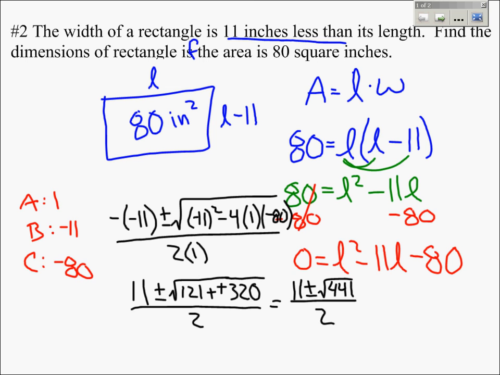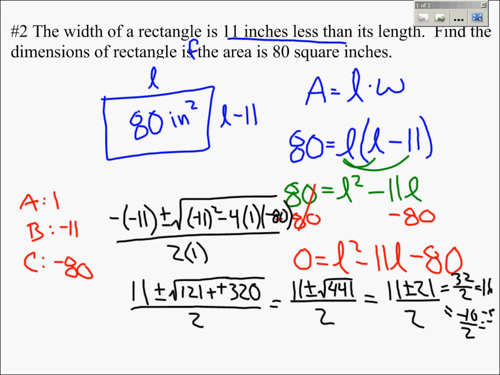Did I do that right? Yep. Then you want to take the square root of that. You get 11 plus or minus 21 over 2. Then do your last step there. You're going to get 32 over 2, which gives you 16, and negative 10 over 2, which gives you negative 5.